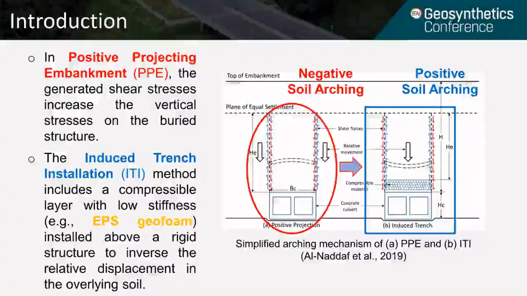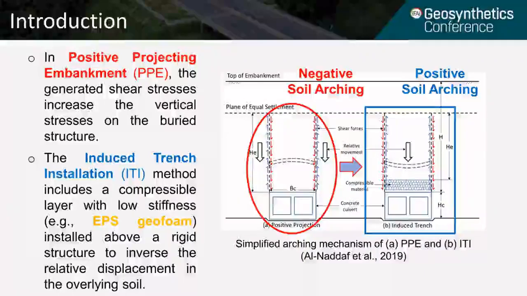So the surrounding soil is subjected to more settlement, and then the load will increase on the culvert. The second installation method is the induced trench installation method, when we have a compressible layer above the culvert, and the soil column above the culvert in this way will be more deformable than the surrounding soil due to the presence of the compressible layer.